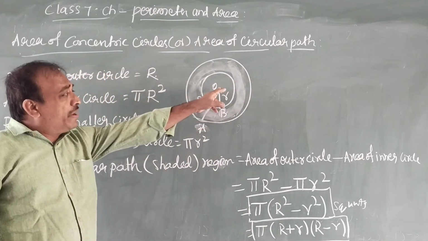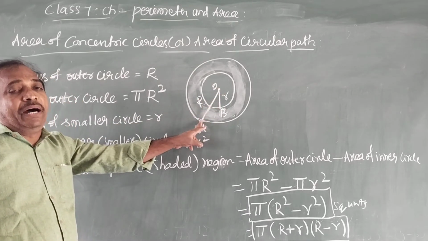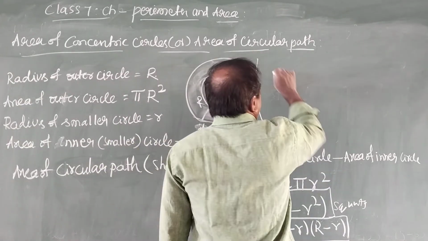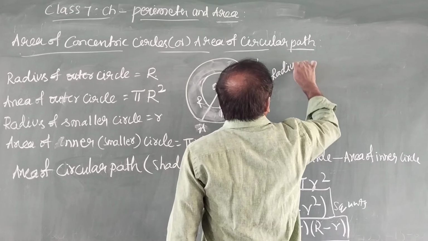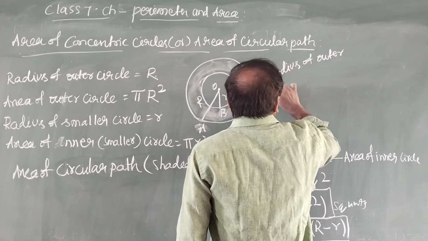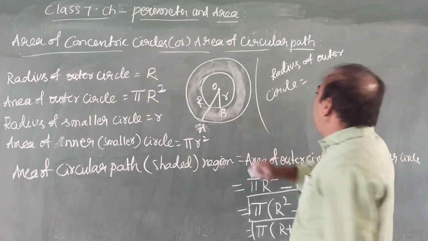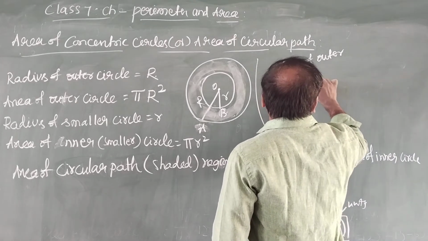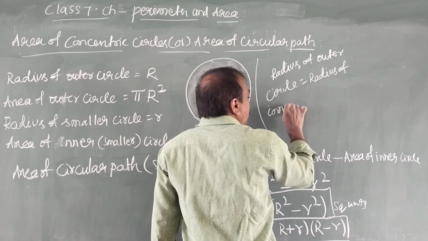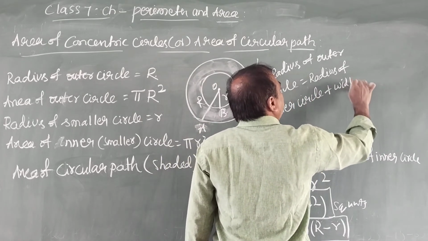Now you see from here to here we call it the smaller radius, and only this is the extended part, which we call the width. So sometimes the radius of the outer circle is equal to the radius of the inner circle plus the width of the path.